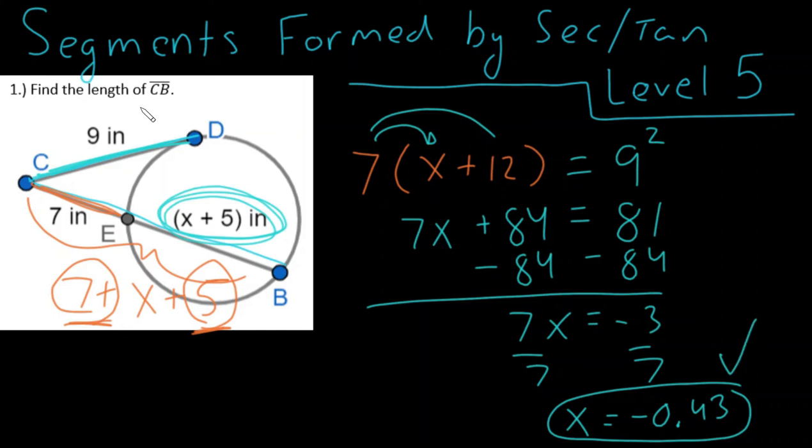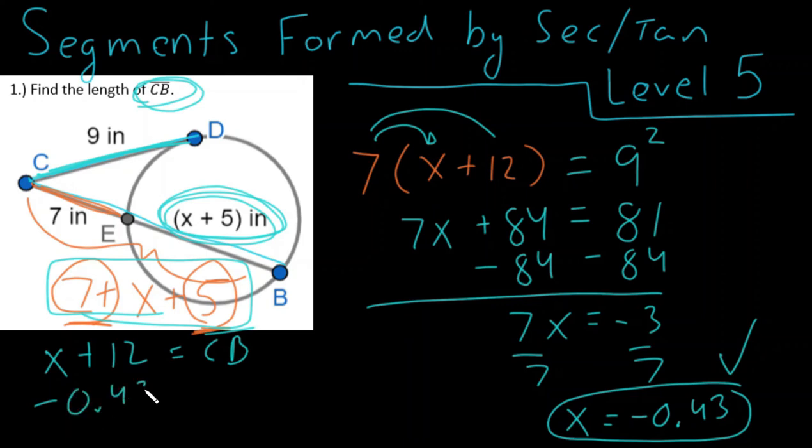Now, the question is actually asking us to find the length of CB. And we know that CB, this whole thing, was actually this expression that we first wrote. And so we can write, right here, we know that the whole segment was x plus 12, which was equal to the length of CB. And in this case, our x value is negative 0.43 plus 12, which is equal to CB.